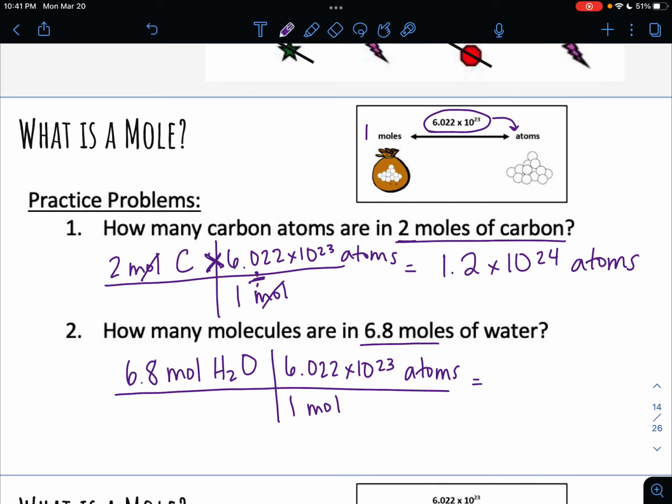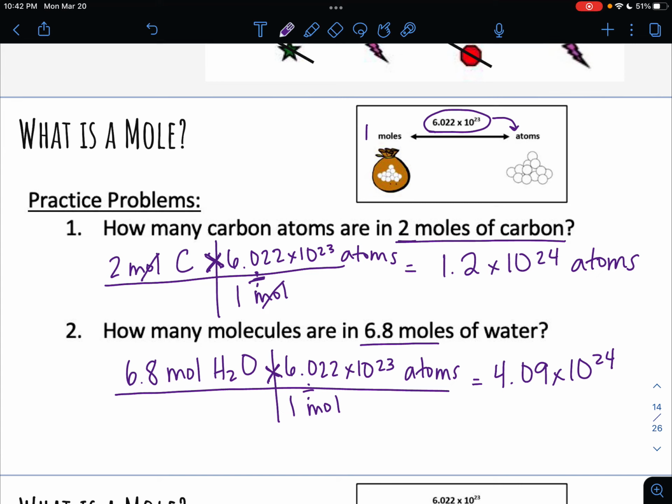And again, I'm just going to multiply the top. So 6.8 times 6.022 times 10 to the 23rd. And then divide by 1, which doesn't change your answer. 4.09 times 10 to the 24th.